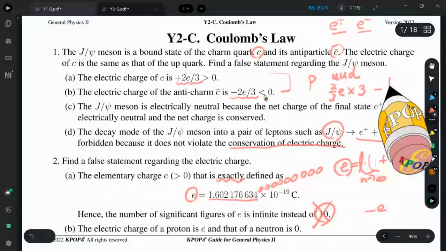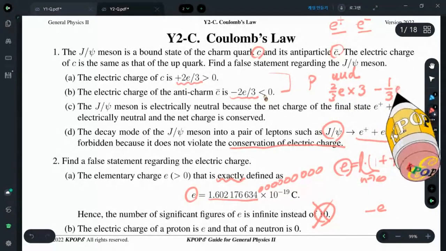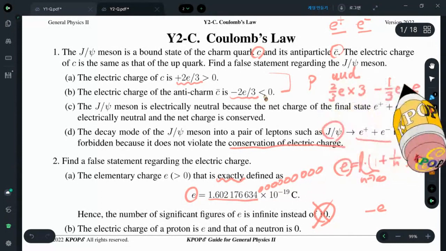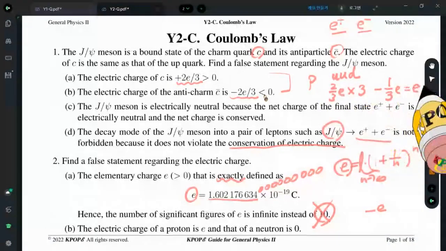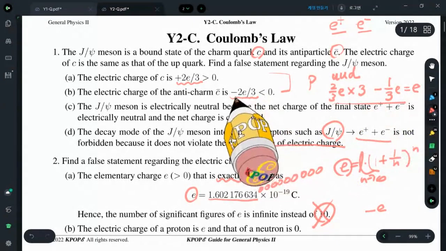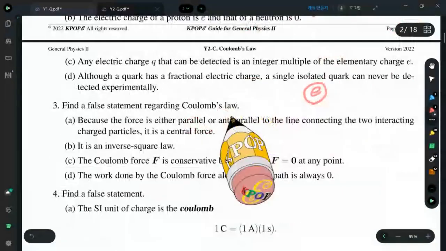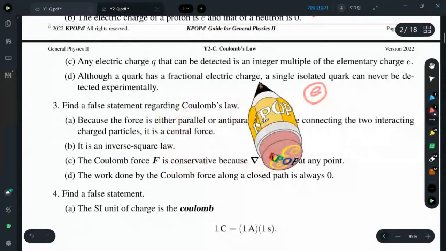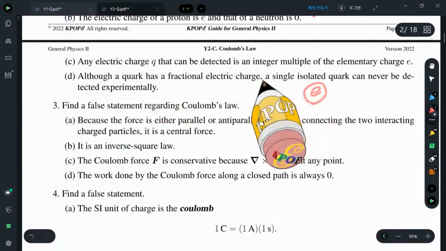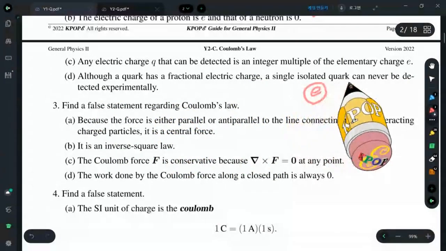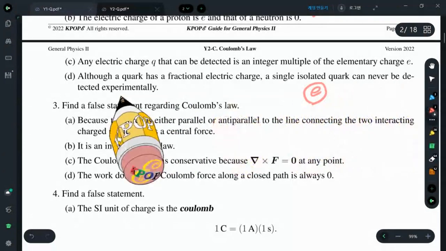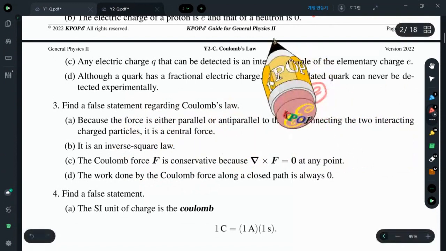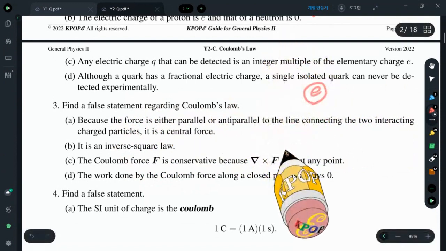Down quark has a minus 1/3 of electric charge. The sum is e. Proton electric charge is e after the sum. Although a quark has a fractional electric charge, 1/3 or 2/3, a single isolated quark can never be detected experimentally. It is always confined inside a neutron or proton.